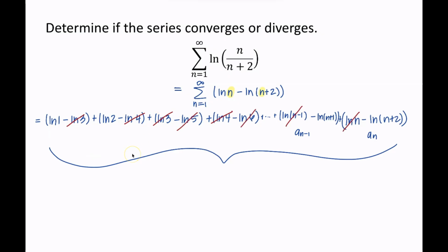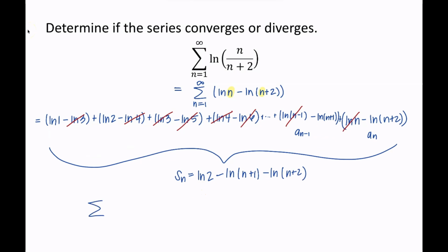Our s sub n formula is going to be natural log 1 plus natural log 2. Well, natural log 1 is 0. So s sub n is just going to be natural log 2, and then minus natural log of n plus 1, and then minus natural log of n plus 2.